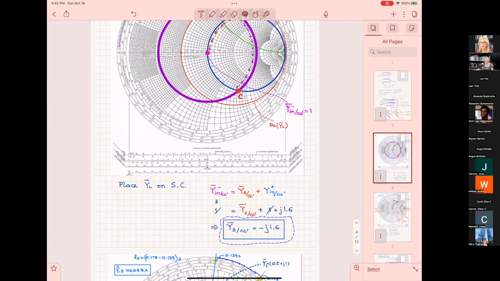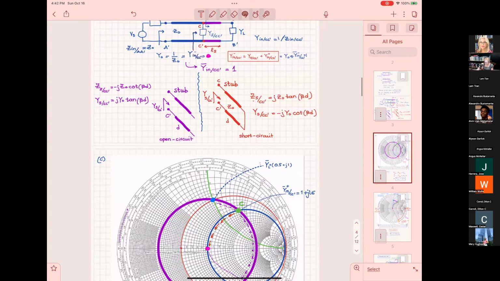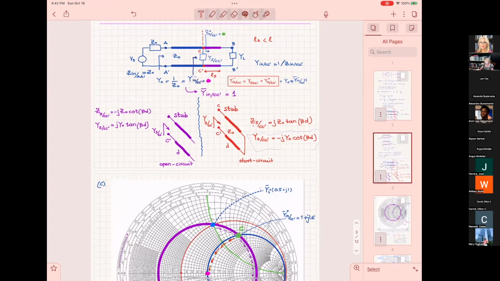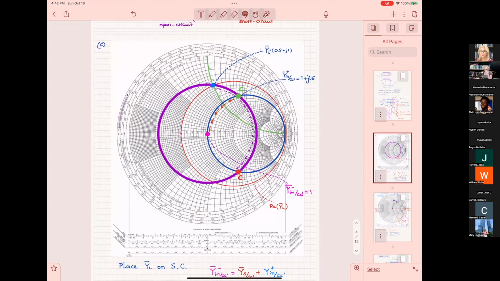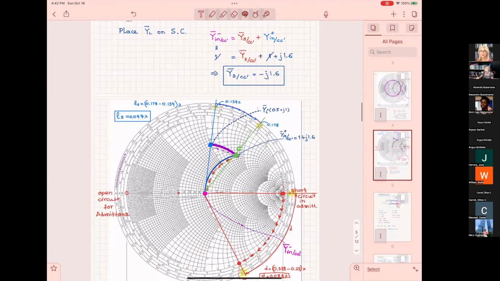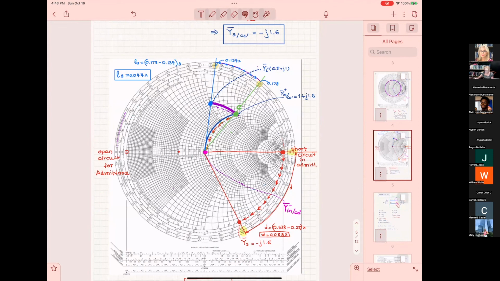And then you use that to get D? Well, I did not use the formula. I used the Smith chart with the lines. I don't need to use the formula. That defies the reason of using the Smith chart if I want to use formula.